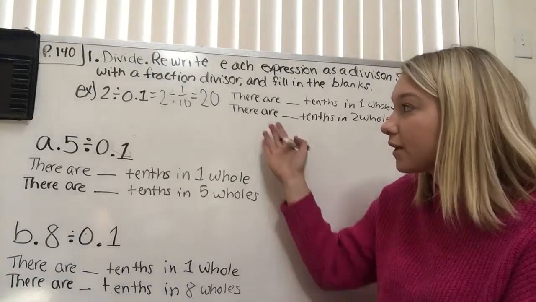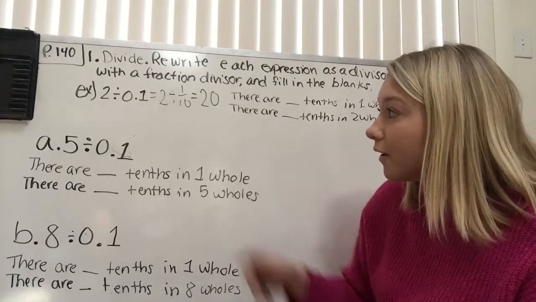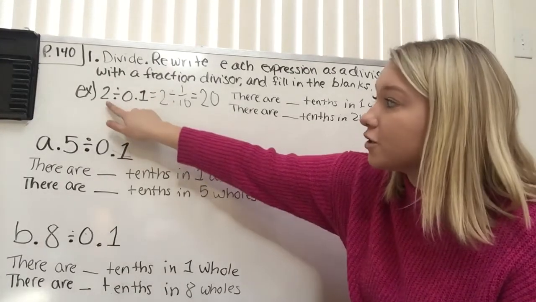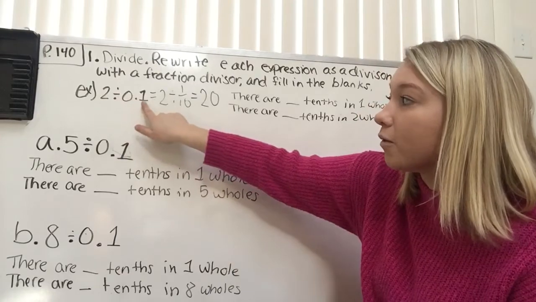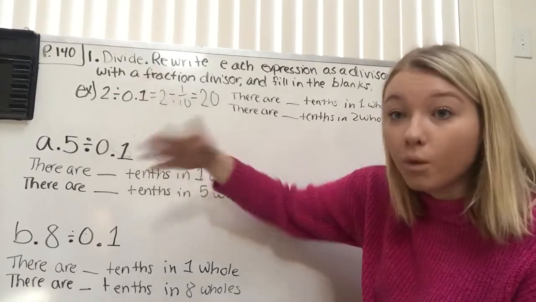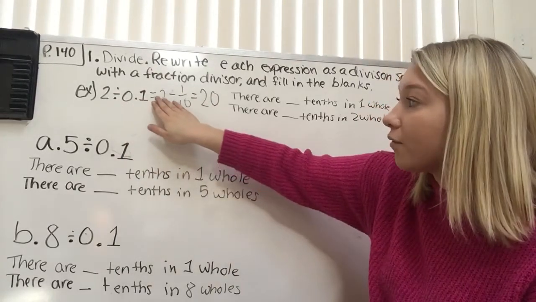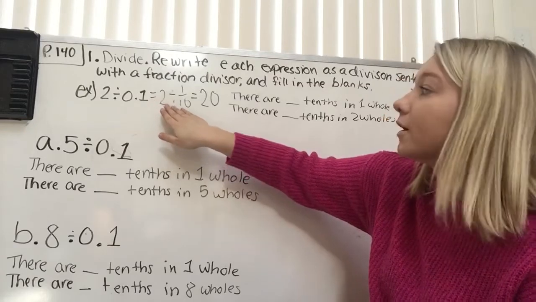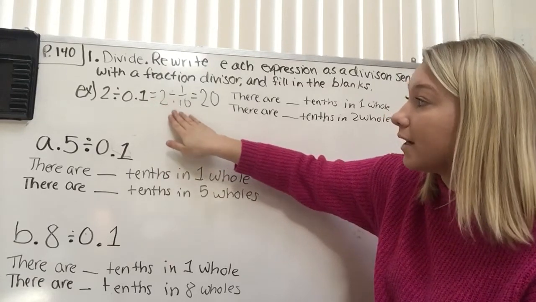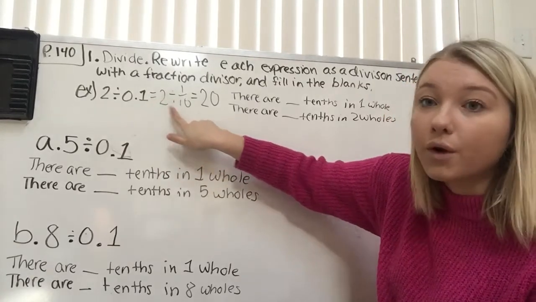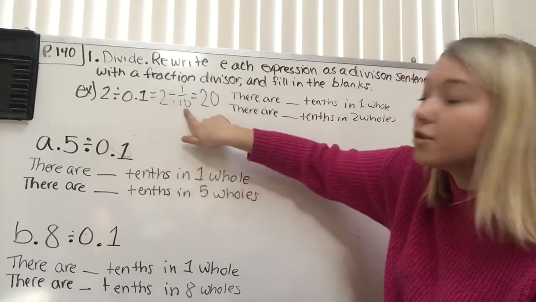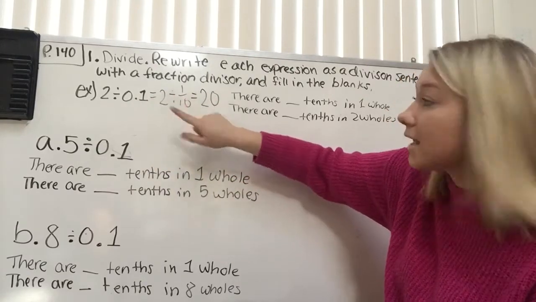So they did this first one for us, and I'm going to walk us through it. The example is 2 divided by 0.1, which we know is 1/10. So they kept the 2, divided by, and then they just rewrote the 0.1 into fraction form, which is 1/10.